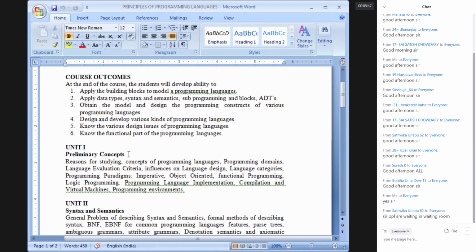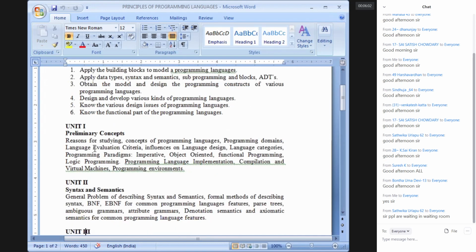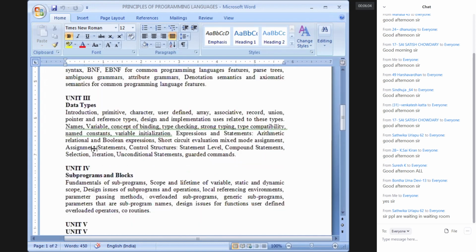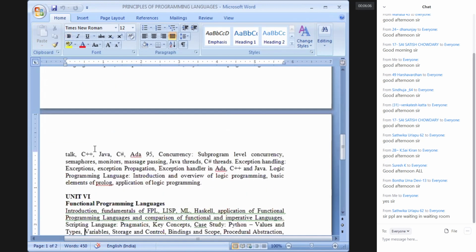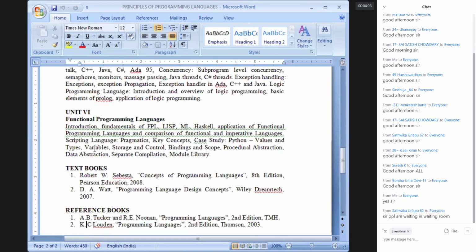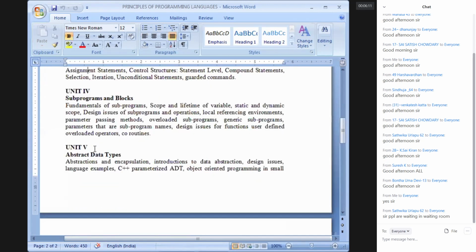You know the rules: theory exam and external exam, mid exam. Lab is not associated with it. You will get all these topics, the whole syllabus copy. If you don't get it, I will share it, no issue.